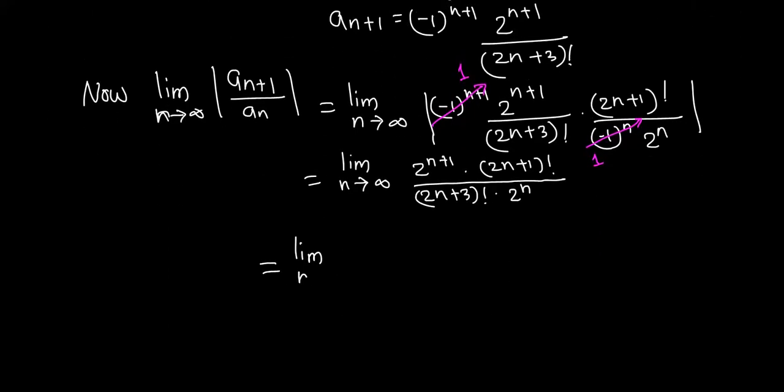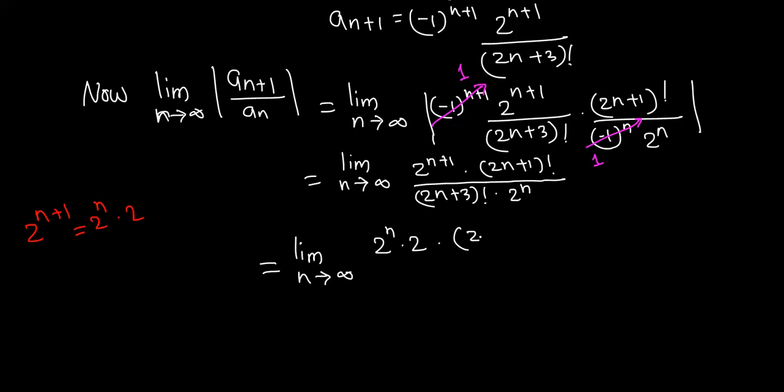We know 2^(n+1) is the same as 2^n times 2^1, which is 2. So 2^(n+1) is 2^n times 2, so that we can cancel 2^n once we factor in this way. Now (2n+1)! and (2n+3)!: 2n+3 is bigger, so I want to expand this.